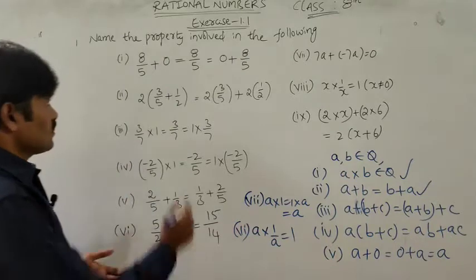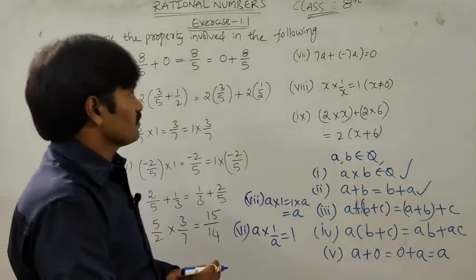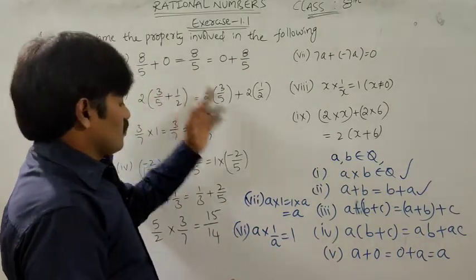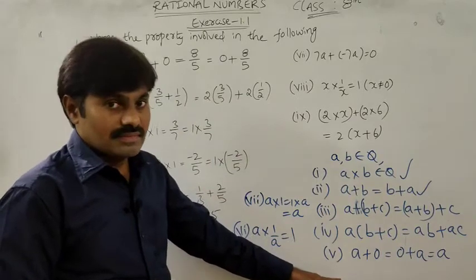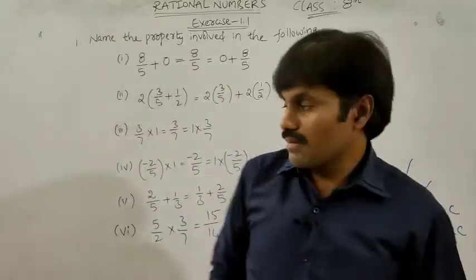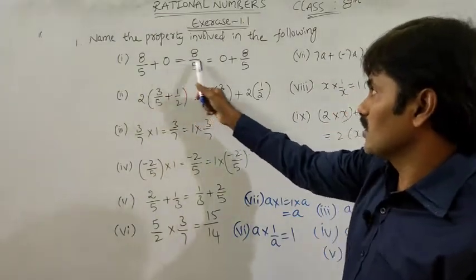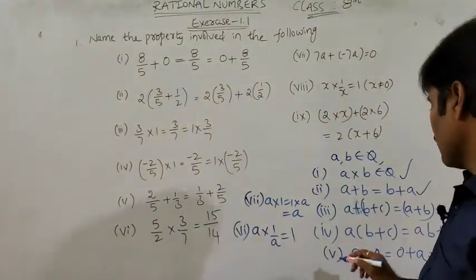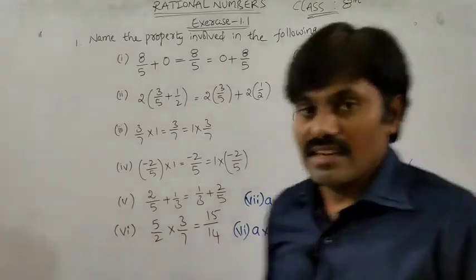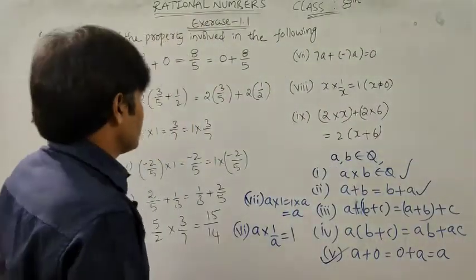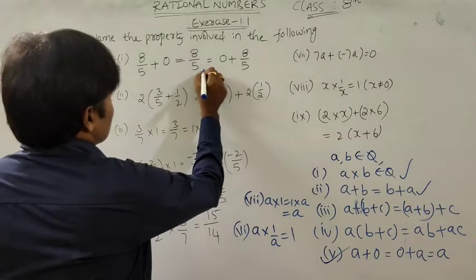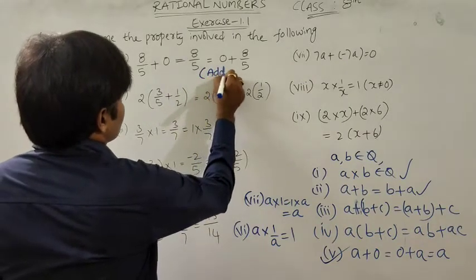In this, the first example comes under which property? Yes, here something plus 0 is equal to something. So that is called additive identity.